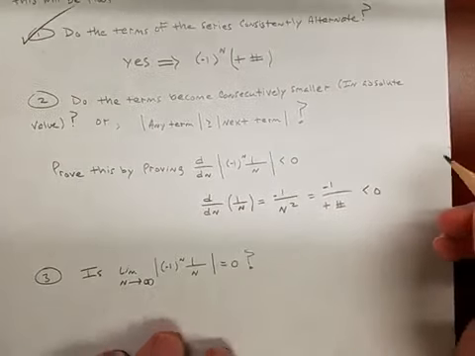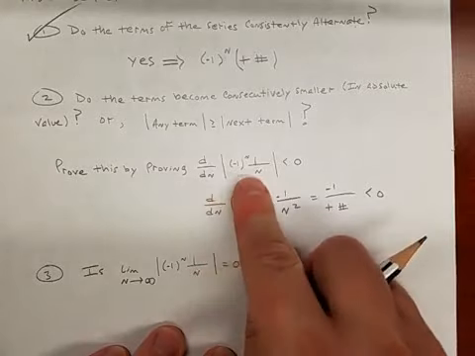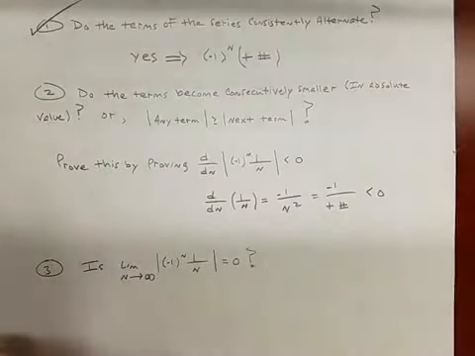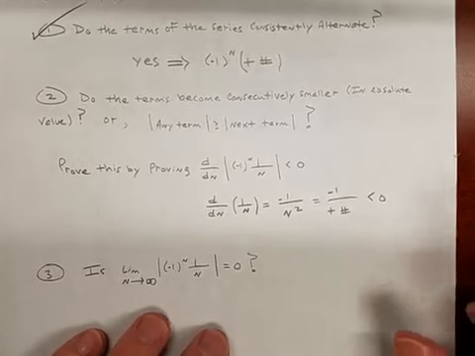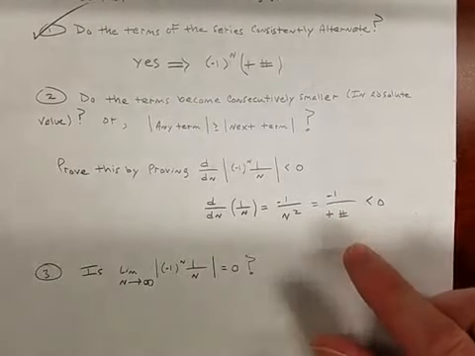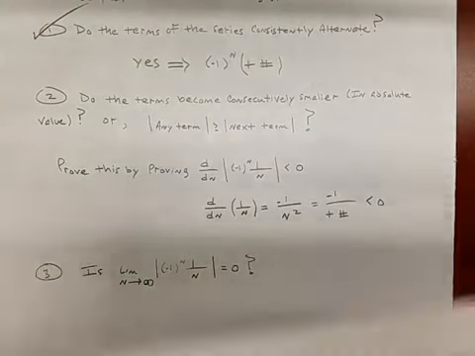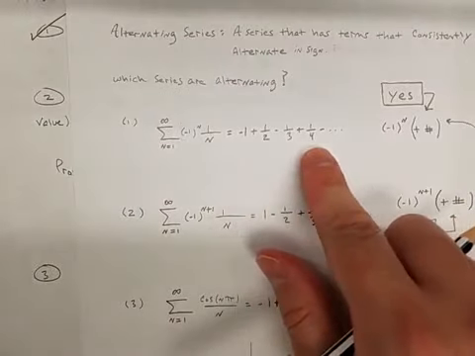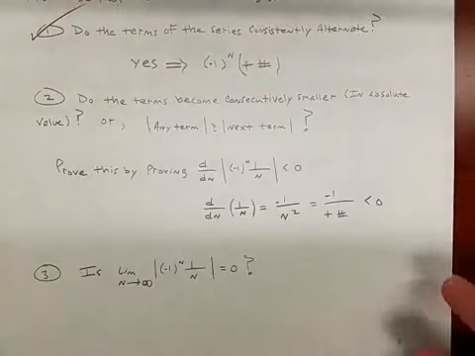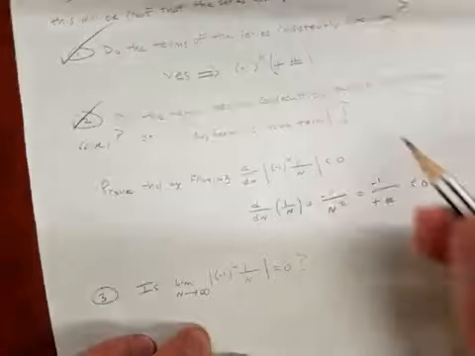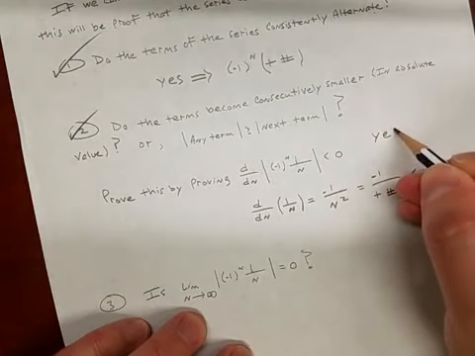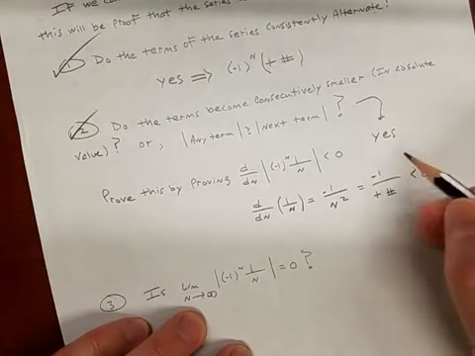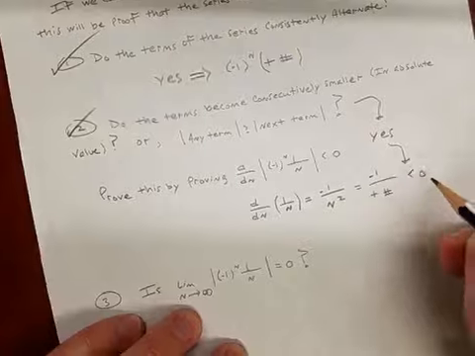So the fact that the derivative of this is always negative proves that the terms are getting consistently smaller and smaller right from the very beginning. So we'll put a check mark. We'll answer yes because of that.